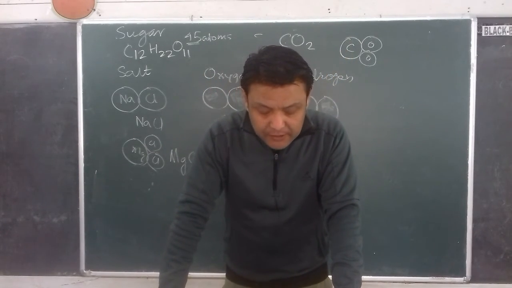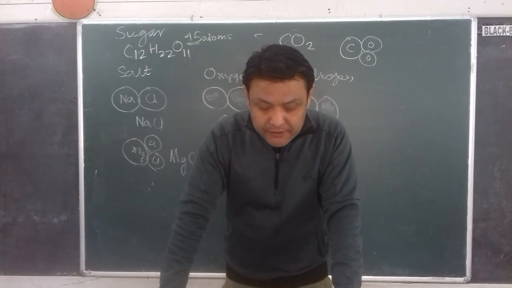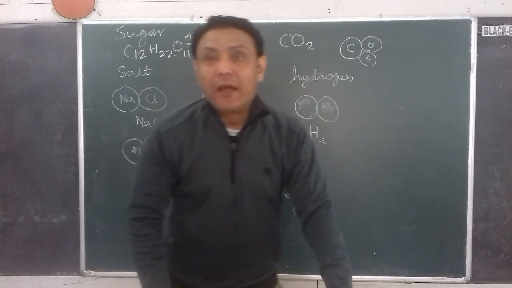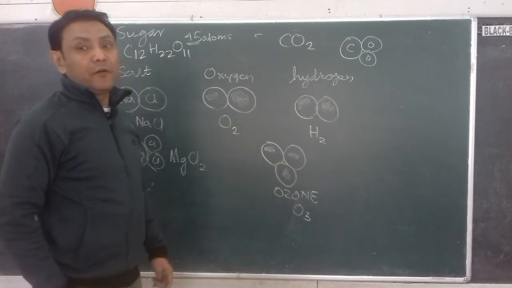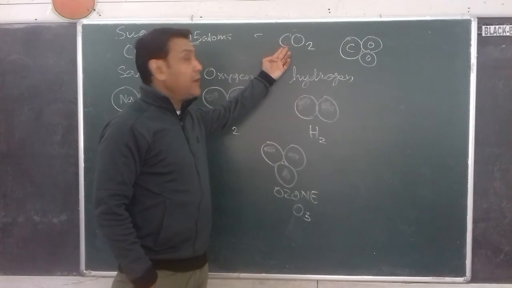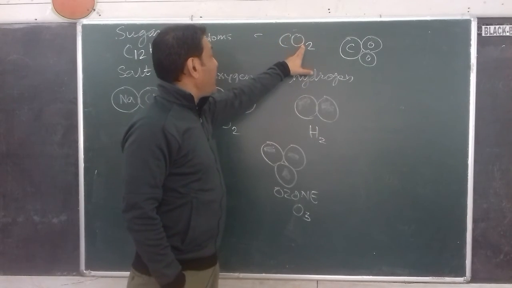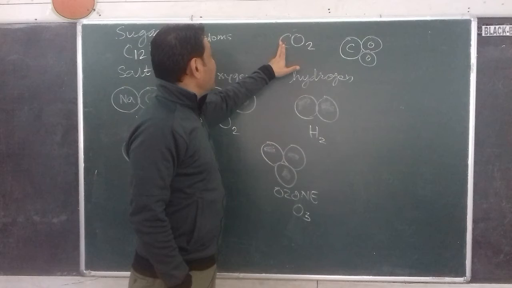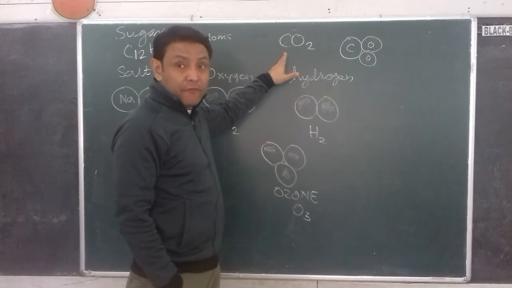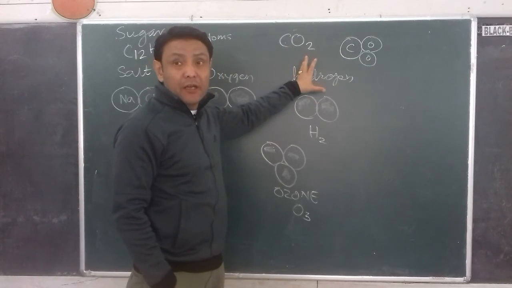And the last point on the characteristics of molecules: the molecule of a substance can be represented by its molecular formula. For example, the molecule of carbon dioxide is represented by the formula CO2. A formula shows how many elements a molecule of a compound is made up of, and how many atoms are there in the formation of that particular molecule.